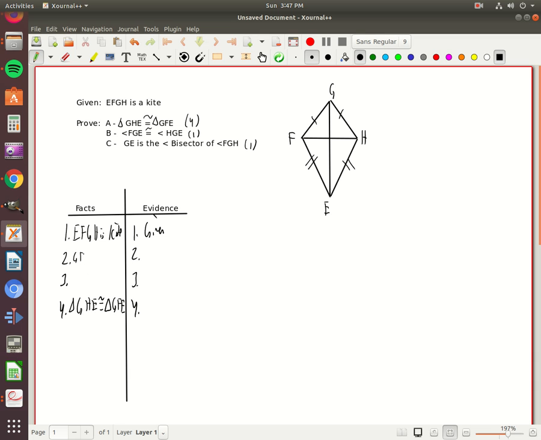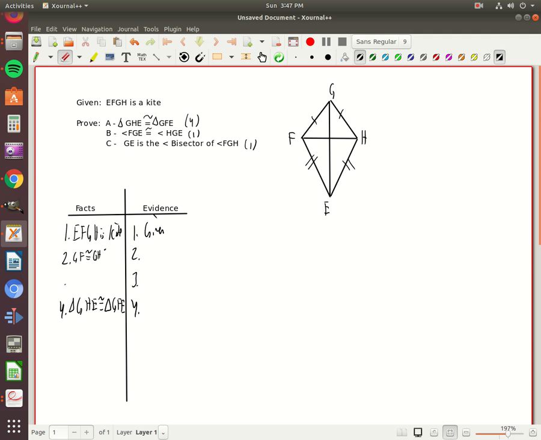So I'm going to say GF is congruent to GH, and I'm going to say FE is congruent to HE. Kind of running out of room here, so let me give myself a little bit of room. It's like a tiny eraser.